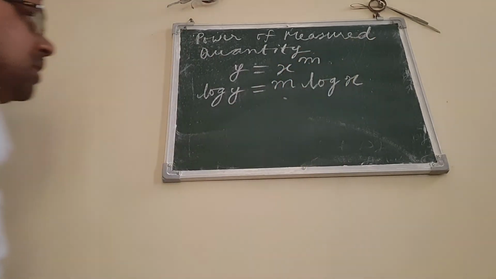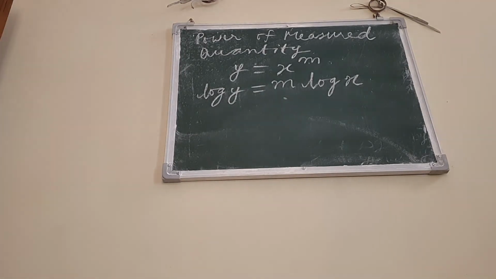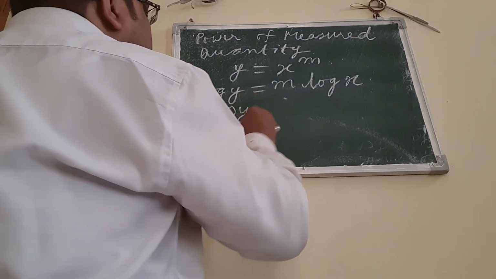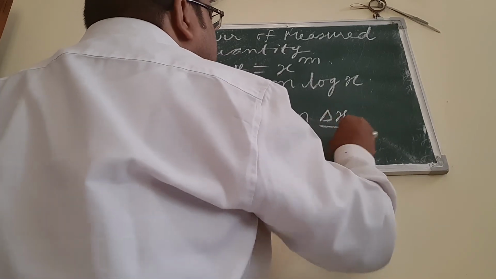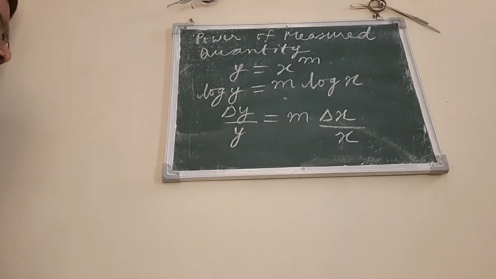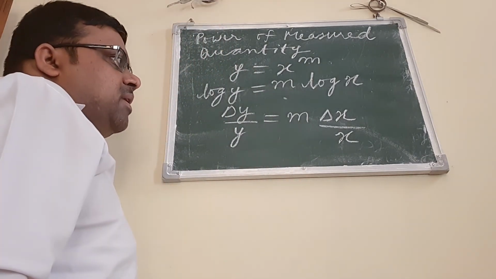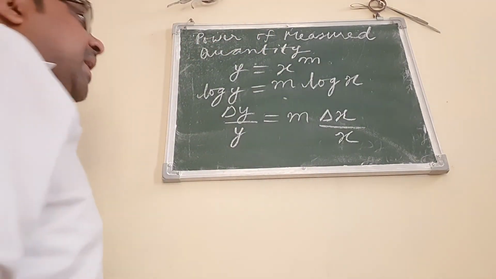Now differentiating it, we get delta y upon y is equal to m delta x upon x. So our final expression will become one in which the power is multiplied by the error.